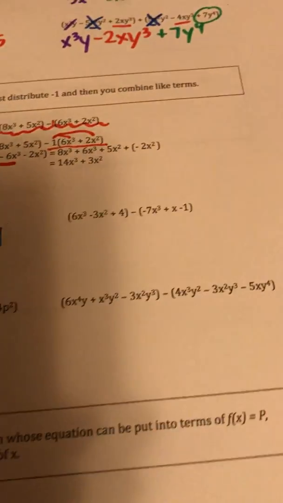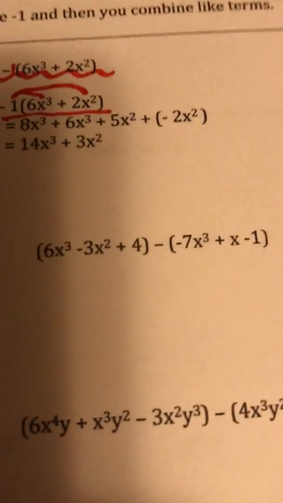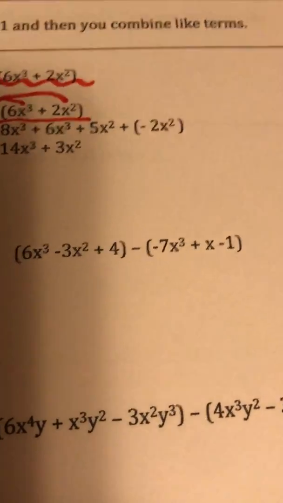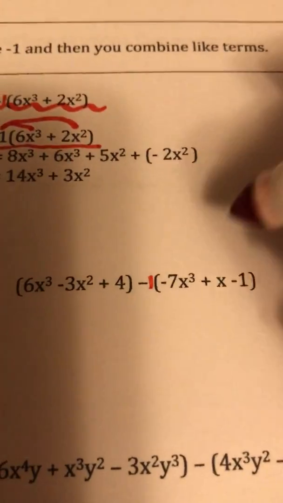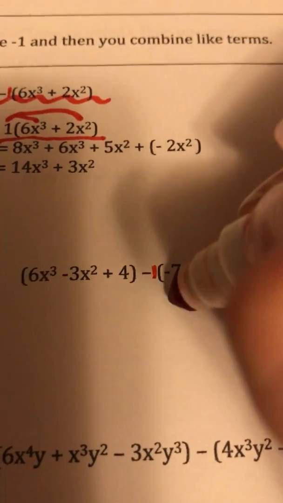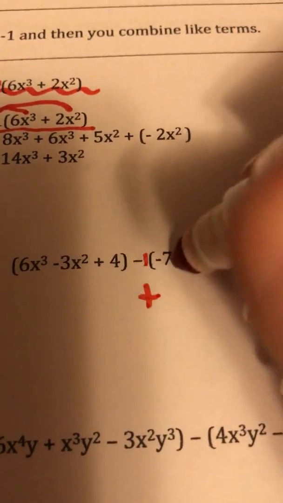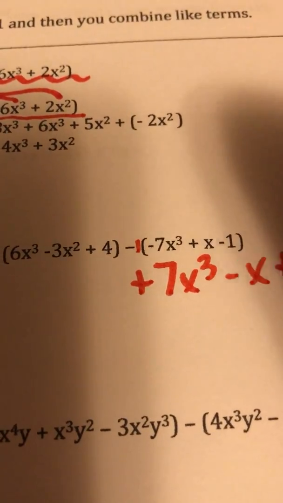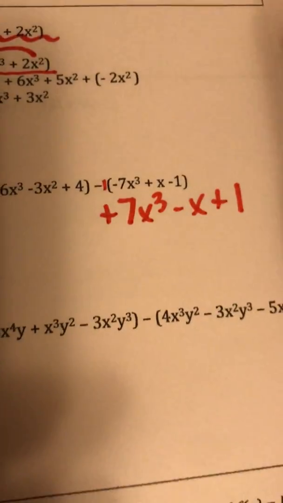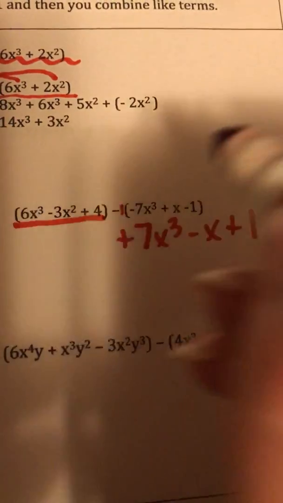Take a look at the next one. Go ahead and pause, give it a try, and then come right back to it. I'm going to distribute my negative 1. Welcome back. So we have positive 7x to the third minus x plus 1. We still have this one here.